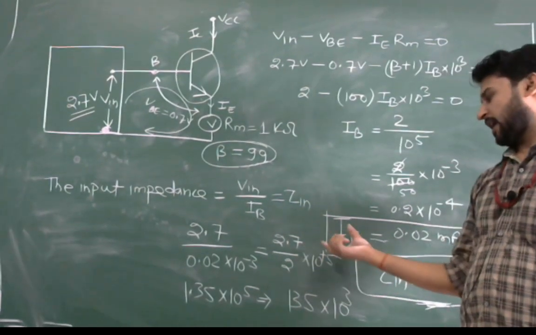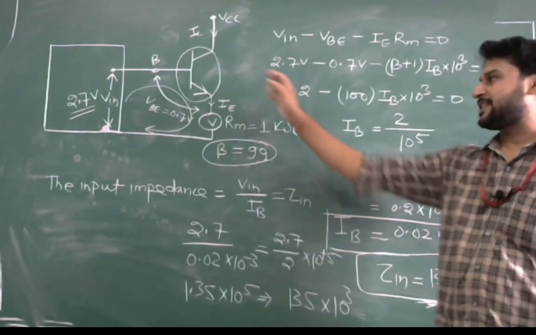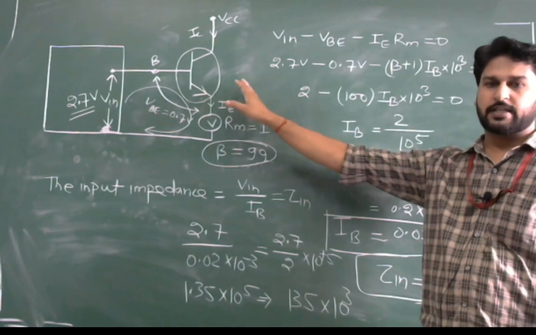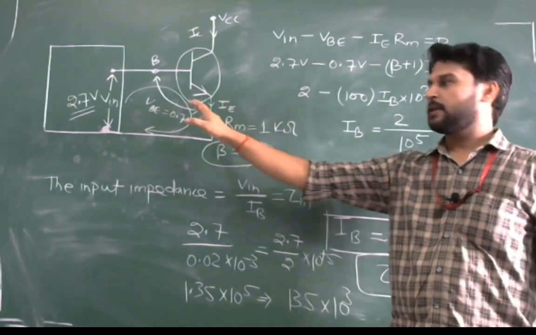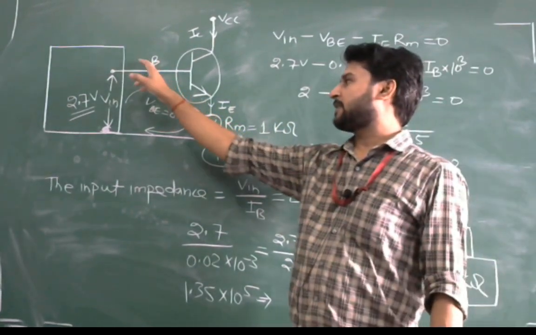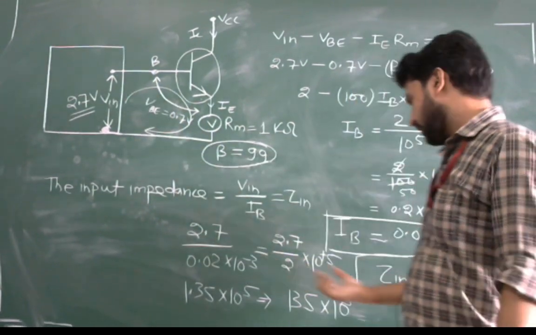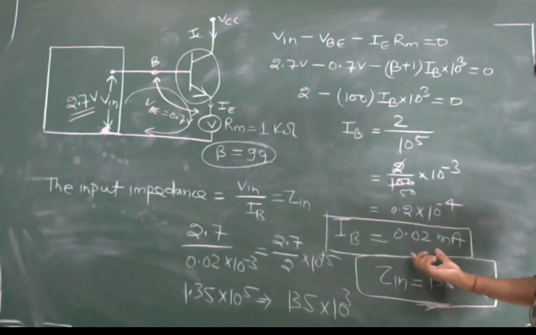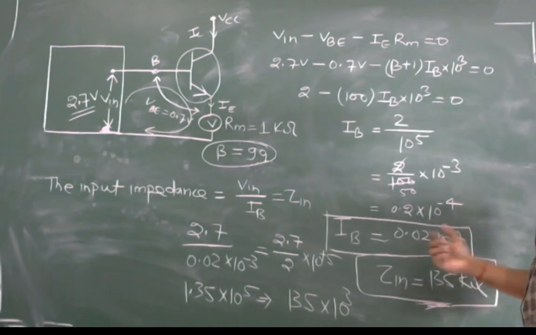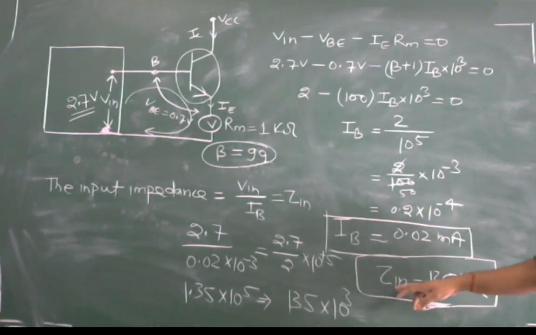The first advantage of using this transistor is that it draws very little current from the circuit, about 0.02 milliampere, which is a very small value.